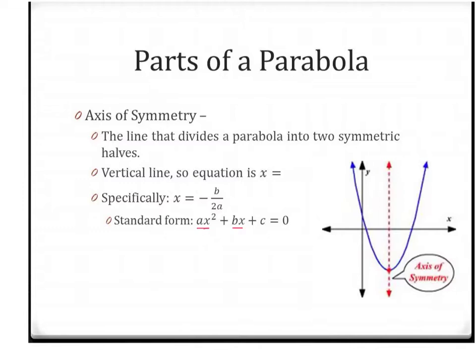If I can figure out the line of the axis of symmetry, then I know the vertex is someplace on that line. I just have to find the y value.